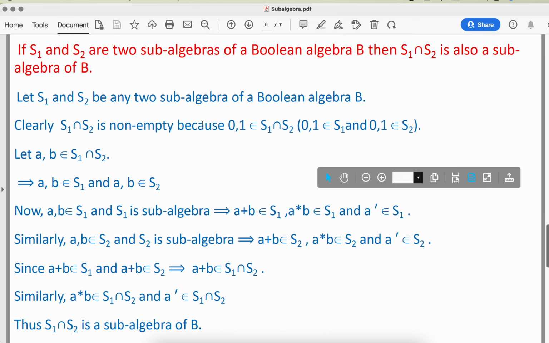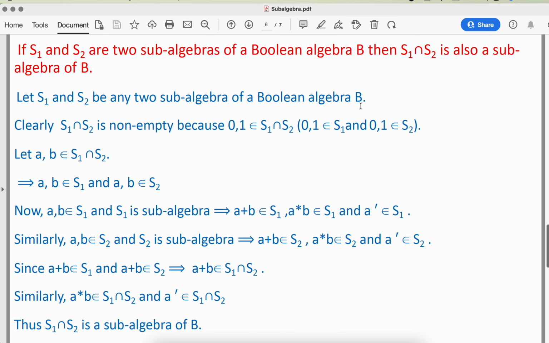Now one more result. If S1 and S2 are two subalgebras of Boolean algebra B, then S1 intersection S2 is also a subalgebra of B. Suppose S1 and S2 are any two subalgebras of Boolean algebra B. We know that a Boolean subalgebra always contains identity elements: the identity element with respect to addition, which is 0, and the identity element with respect to multiplication, which is 1.